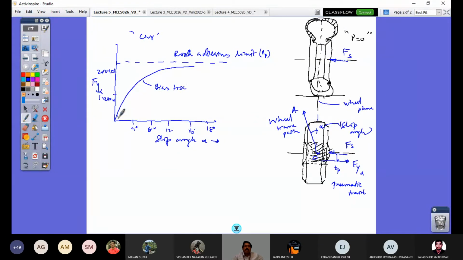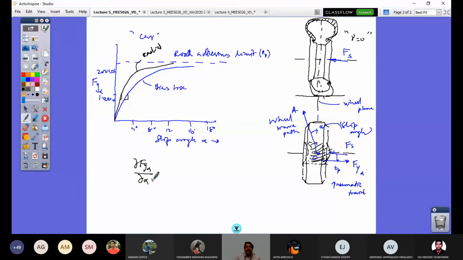So you see that the slope is gradually changing. Whereas if I look at the same variation of my Fy alpha with respect to slip angle for a radial tire, I'll have a steeper curve that goes like this. So this is for a radial tire, and the slope is greater compared to this slope. The slope is defined as dou Fy alpha by dou alpha.